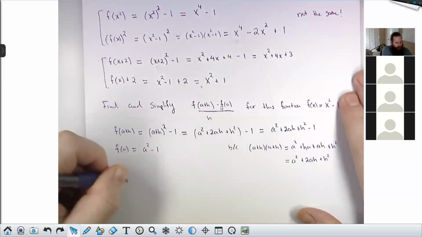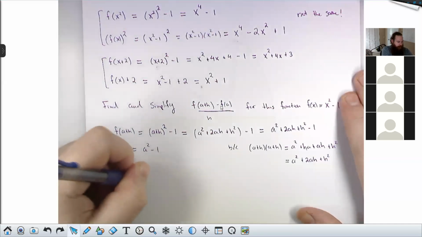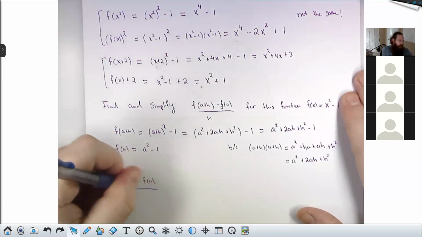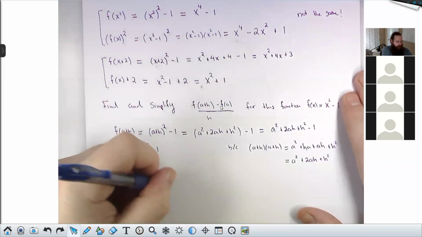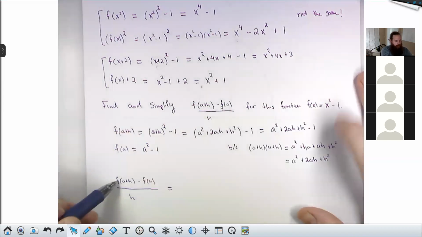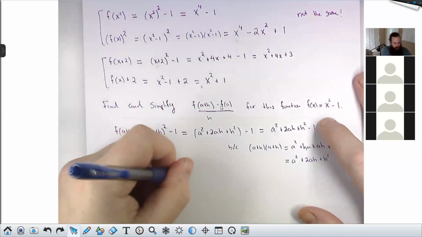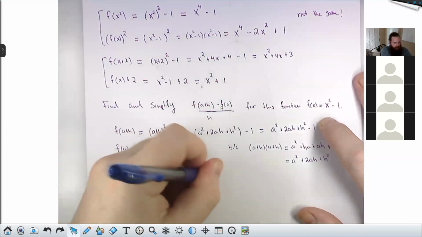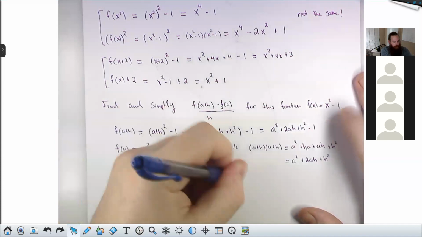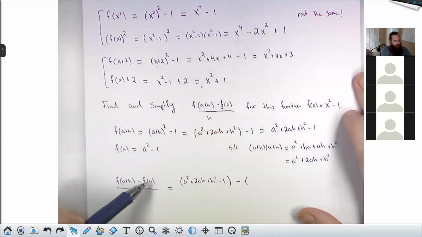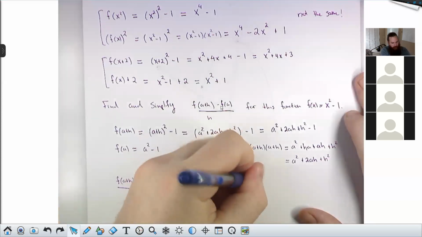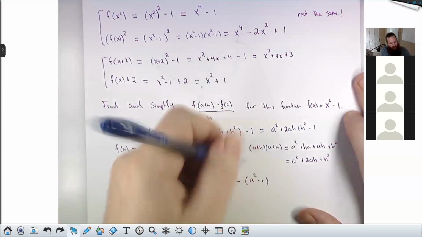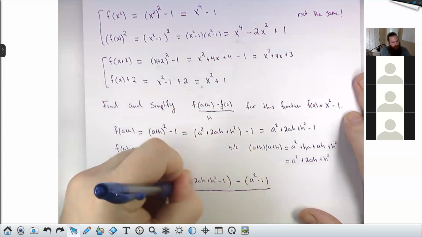So f of a plus h minus f of a all over h. I'll take f of a plus h, which is this, and subtract f of a from it. And f of a was this. And then divide everything by h.